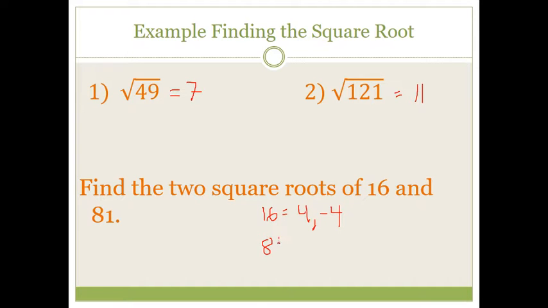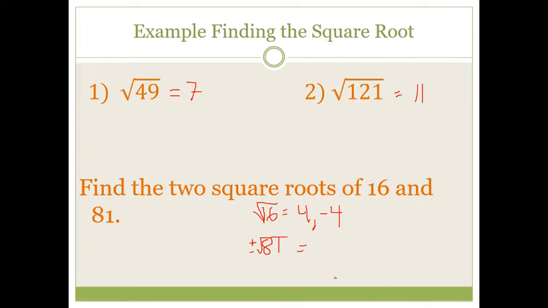So how about the square root of 81? Another way they might indicate this is to write both the plus and the minus sign outside of the root. That means they want the two square roots, not just the principal square root. But typically when they don't include that, they always mean just the positive number.